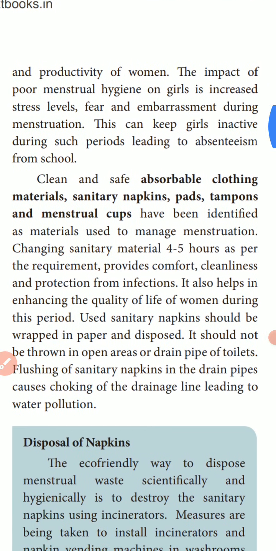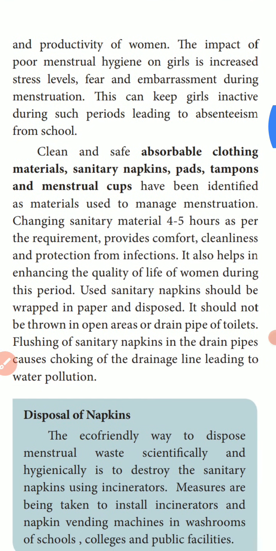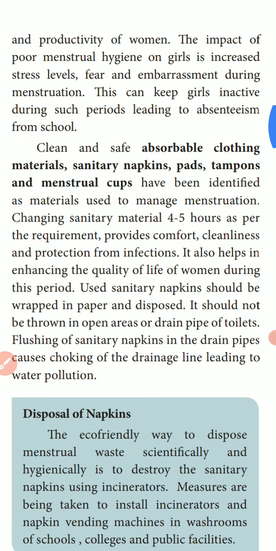The impact of poor menstrual hygiene on girls is increased stress level. You know what I mean by stress level? They feel bad, fear, embarrassment during menstruation, shyness. This can keep girls inactive during such periods, leading to absenteeism from school.